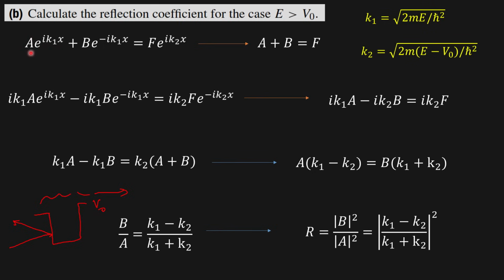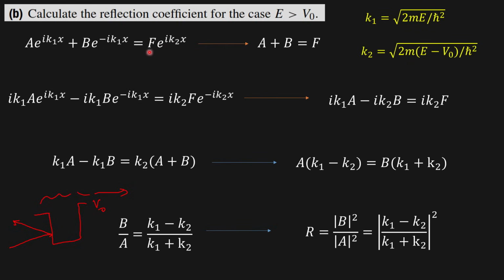So A e power ik1 x is the incident wave, and the reflected wave is plus B e power minus ik1 x, because it reflects in the same medium, with the same velocity, and this is equal to F e power ik2 x.